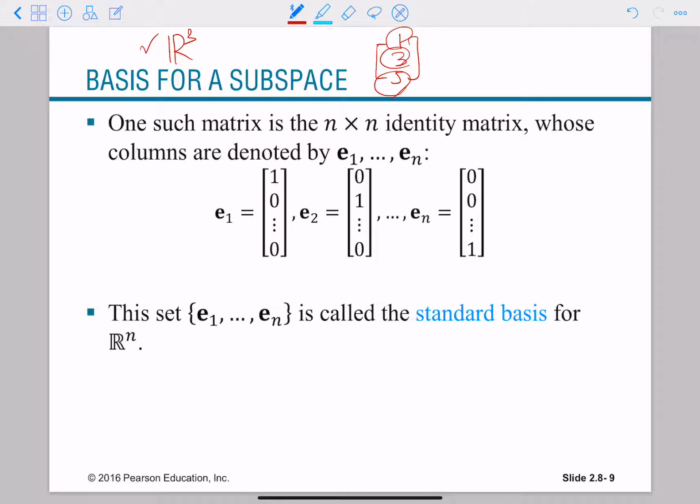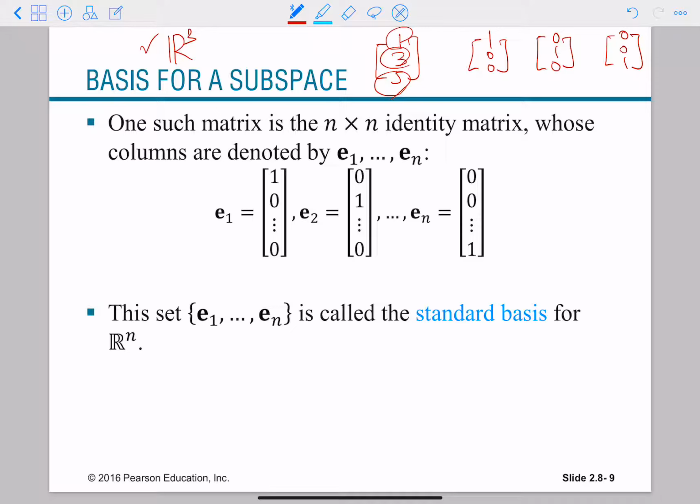But we can also think of probably the simplest form of a basis, which is 1, 0, 0 and 0, 1, 0 and 0, 0, 1, right? So in this particular version of the basis, they have the length of 1.